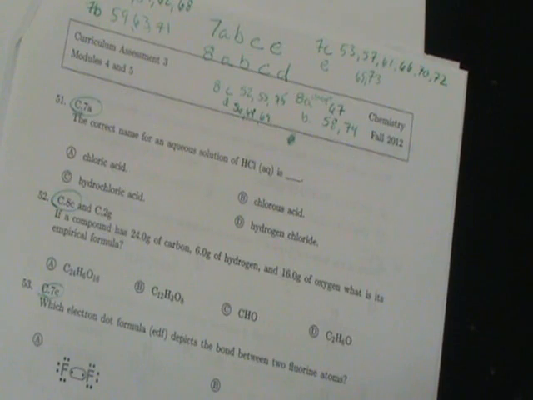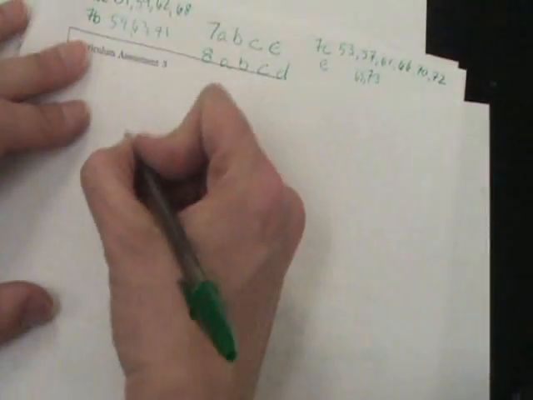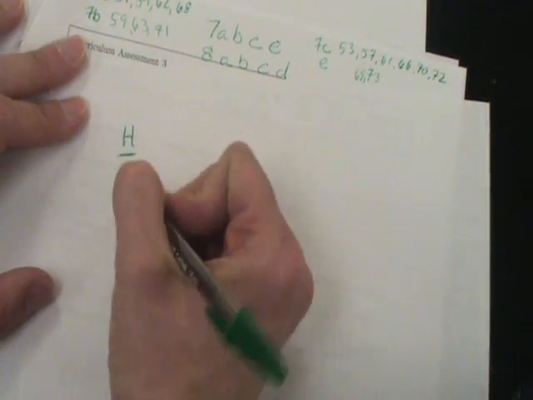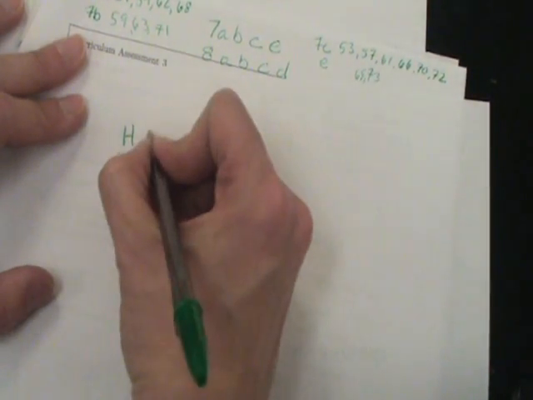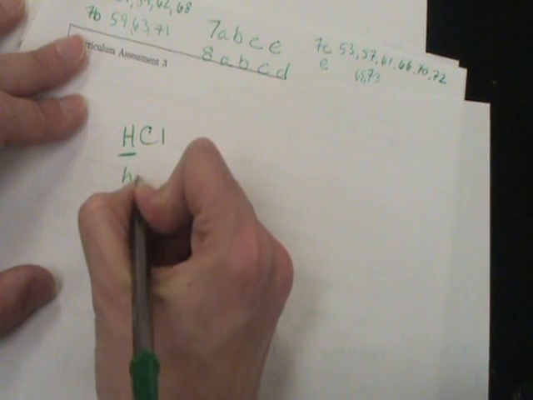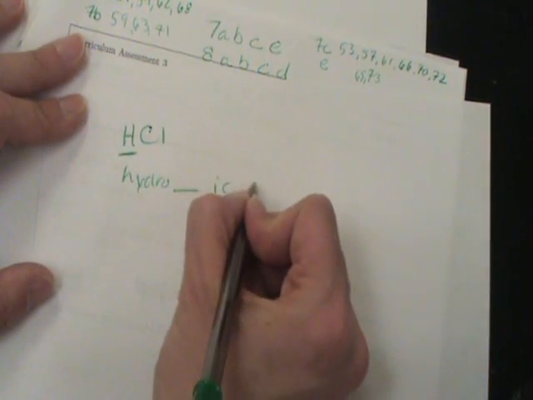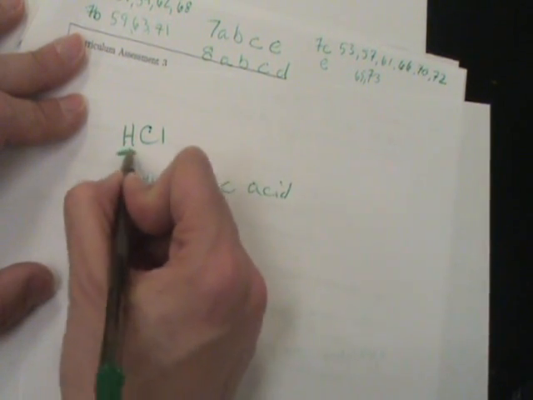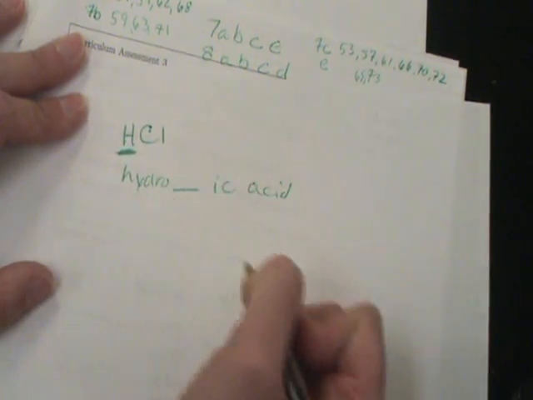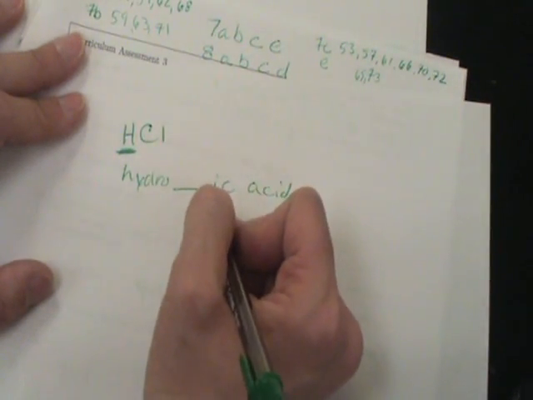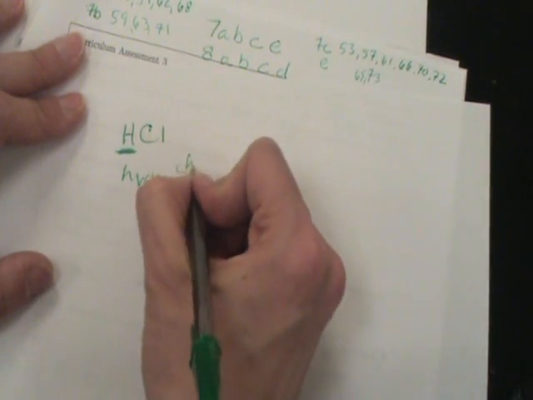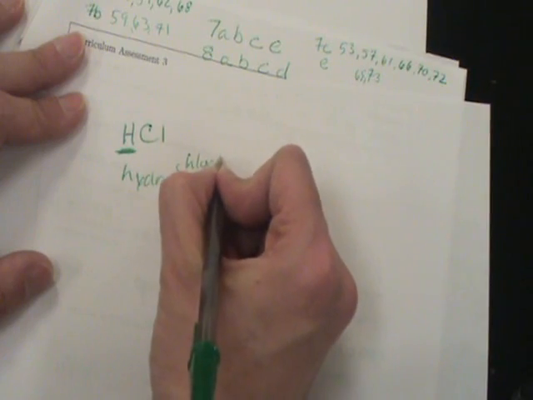Okay. When we're naming acids, anything that starts with an H, that's going to be an acid. So if it's HCl, we say it's hydro, blank, ic, acid. So in this case, it would be hydro, chlorine, we change it to ic, right? So we change the ide to ic, so it would be hydrochloric acid.